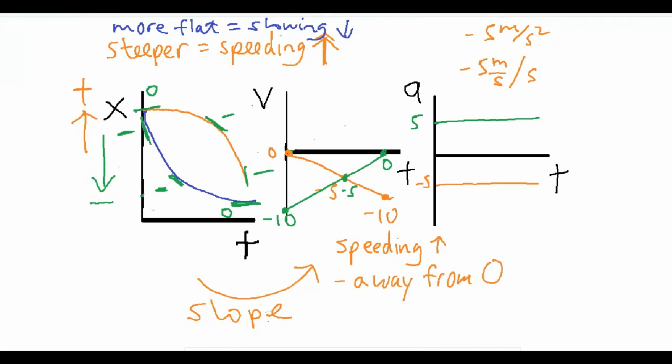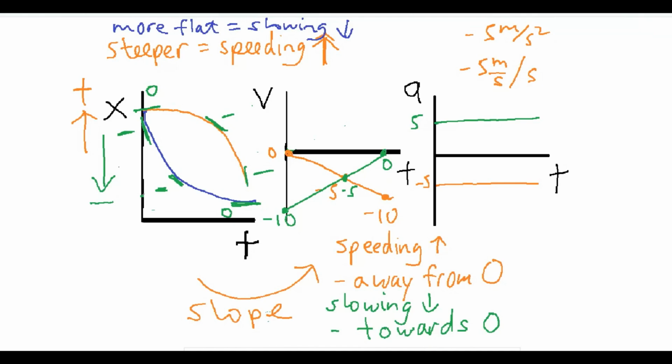And then if it's slowing down, then you want to slant it towards 0. Okay, as I said before, the tendency is to make speeding up a positive slope and slowing down a negative slope, which sounds like it makes sense, but not particularly for our velocity versus time graph, so you want to make sure you slant away from 0 or towards 0.